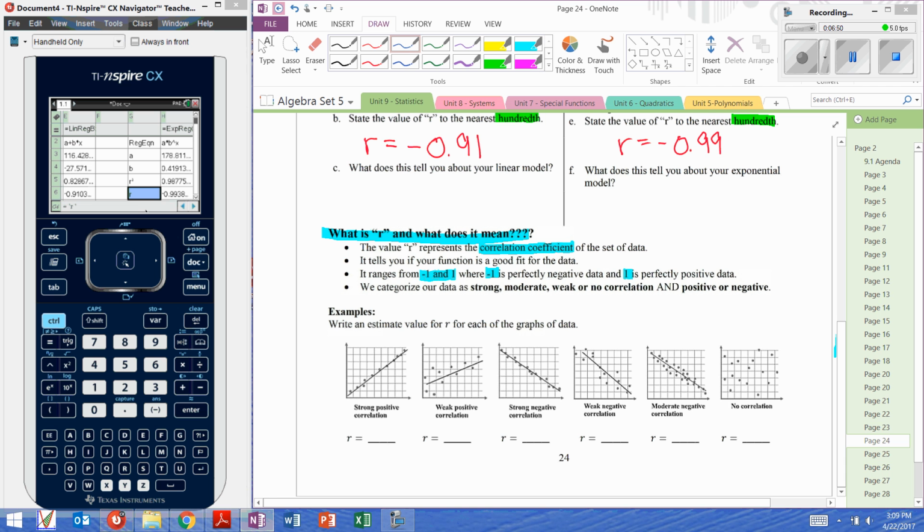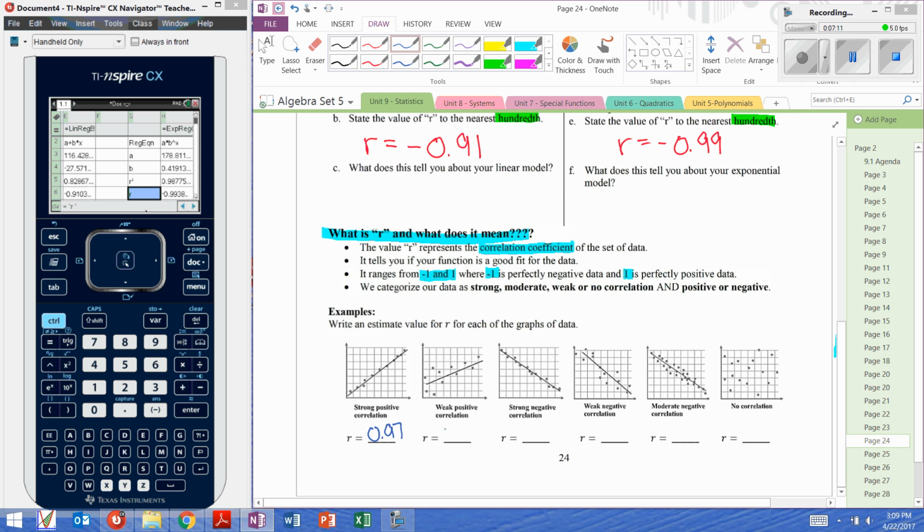This data is looking pretty strong in the first one, so R, it's increasing, so maybe we want to say that something like, I don't know, 0.97? That seems about right. Next one, a weak positive correlation.